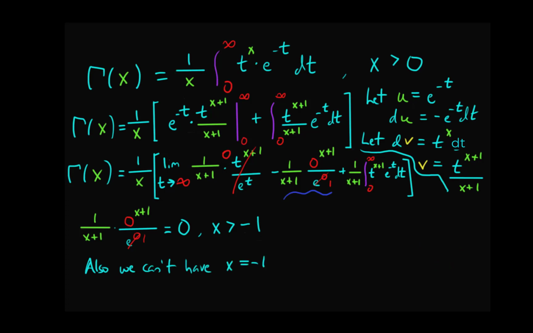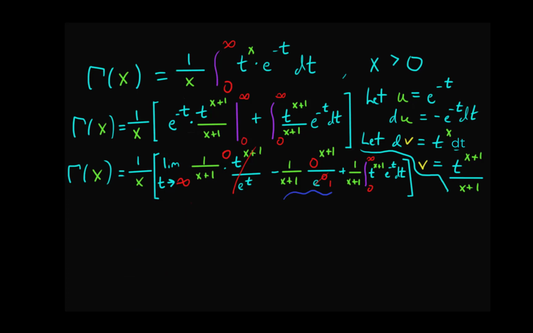Also, while we're at it, we can't even have x equal to negative 1, because then you'd have a 1 over 0 there. And you'd have 0 to the negative 1 plus 1, which is 0 to the 0, which is also very, very bad. So again, that term only vanishes if x is greater than negative 1.